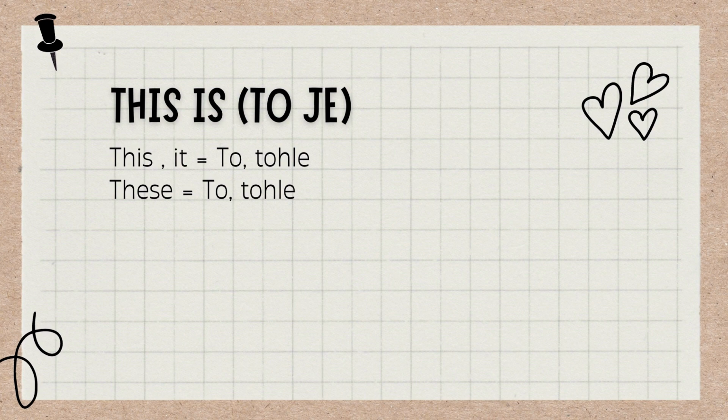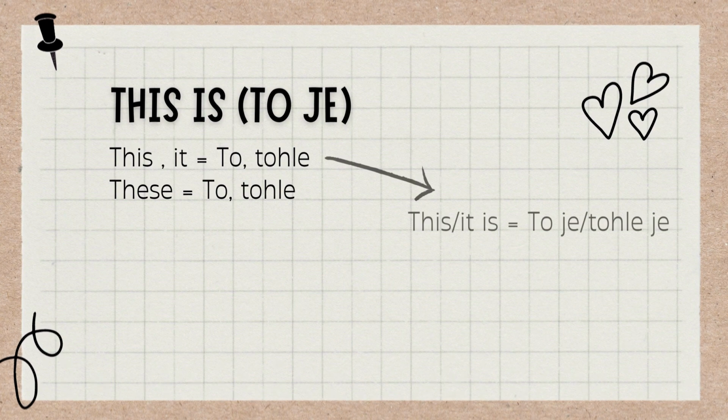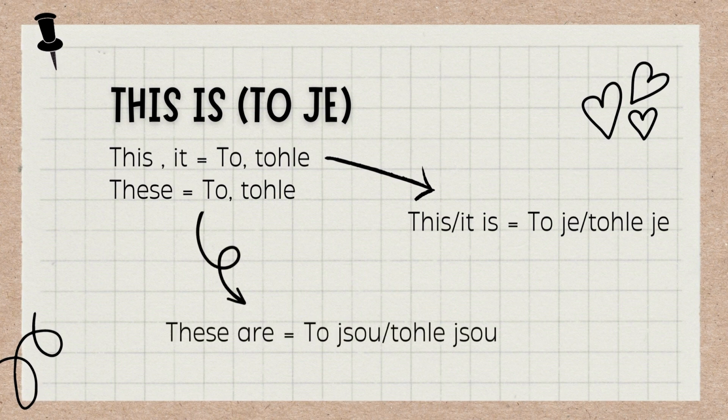So if you want to say this is, it would be to je or tohle je, and then a noun in singular. And for the plural, these are, you can use to jsou or tohle jsou. Only the verb changes based on the number.